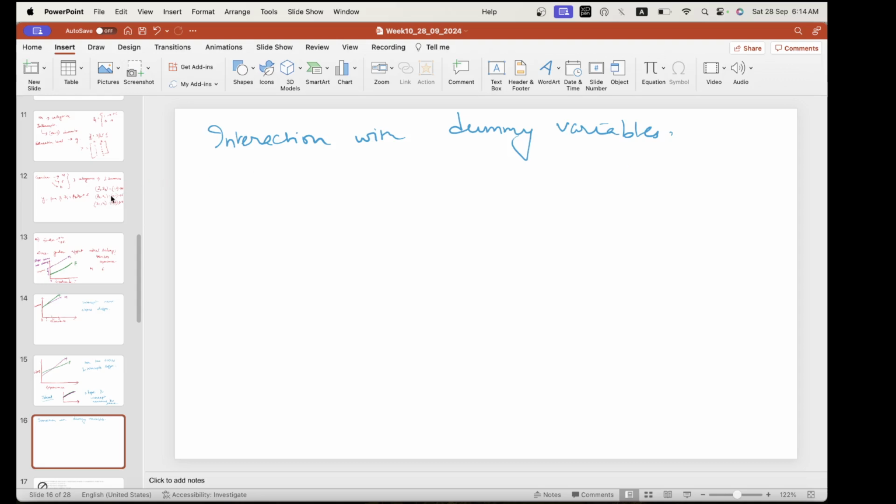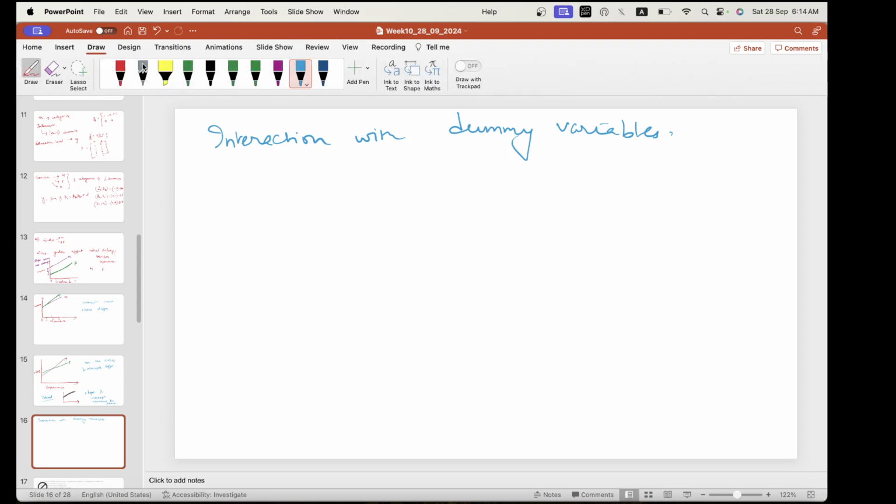Let's say our model is y equal to alpha naught plus alpha 1 z1 plus beta naught plus beta 1 z1 into x.